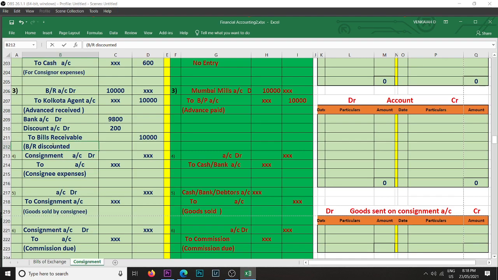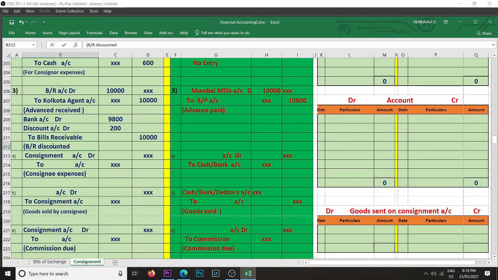Consignment account debit to cash account. Amount is 14,000. And here, cash account debit. There is no credit sales, and that's why we are doing this. What is the name of the consignor?